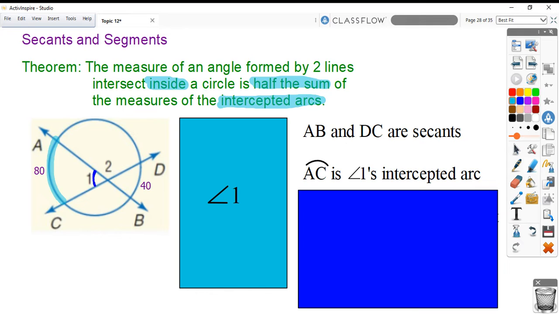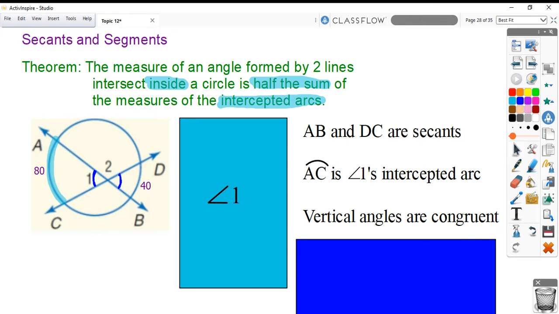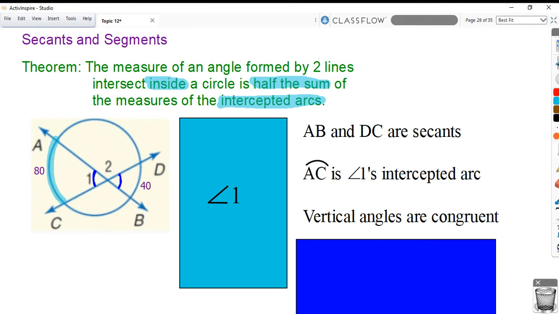Now, what we also notice in this diagram is that straight across from angle one, on the other side, we have a vertical angle. We know from way back in the first semester that vertical angles are congruent. So angle one right here and the one across from it on this side are congruent to each other.